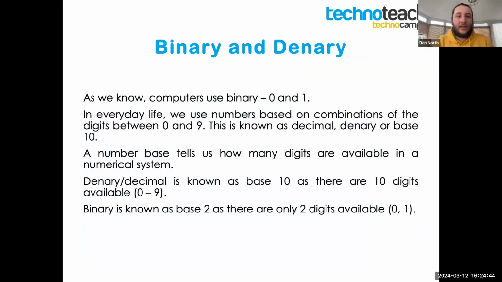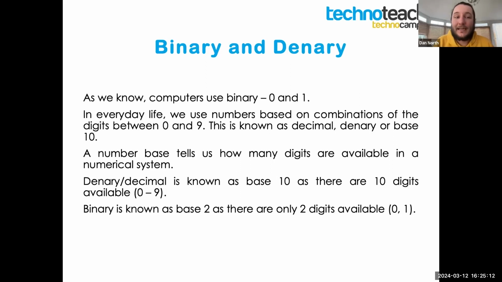Okay, so all our computers use binary, 0 and 1s. However, in everyday life, we use the numbers 0 to 9. This is decimal or denary or base 10. Any of those names are fine to describe it. So a number base tells us how many digits are available in that numerical system.